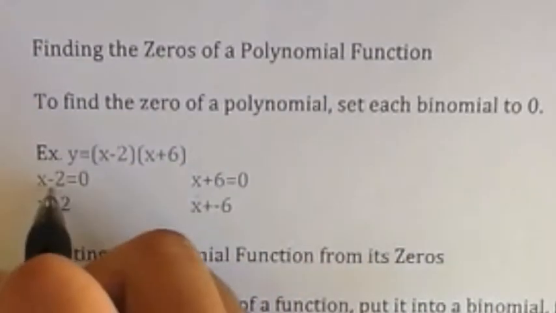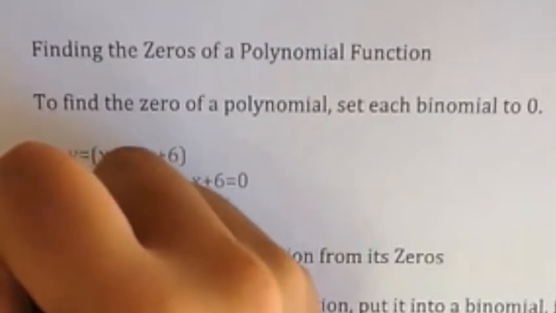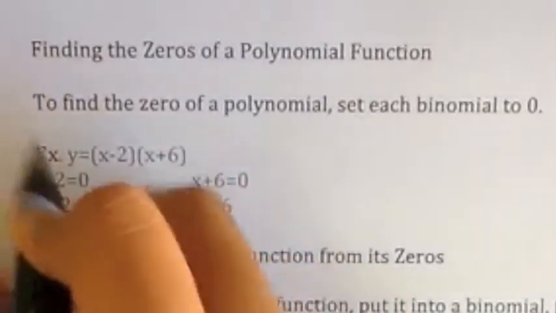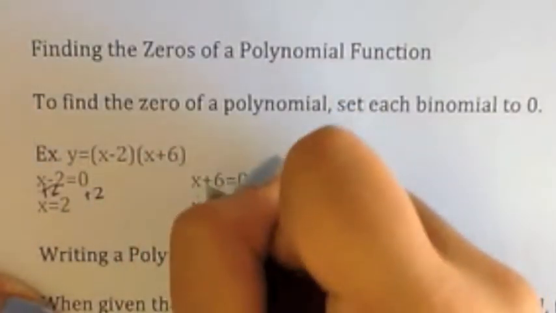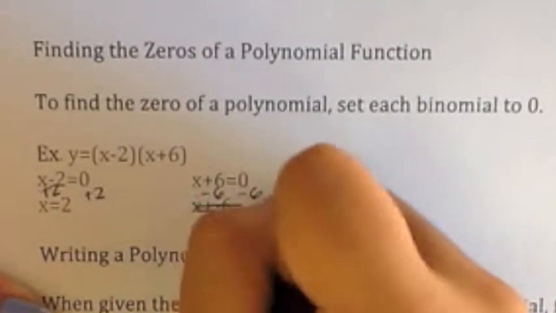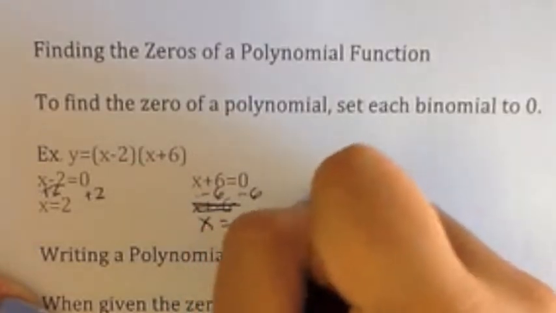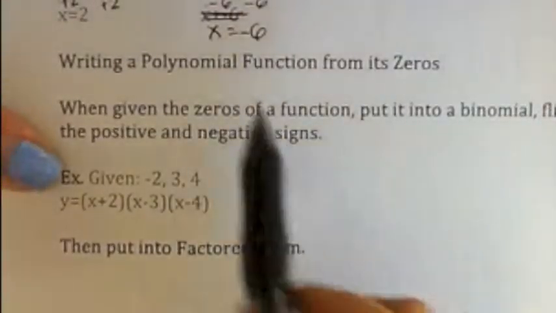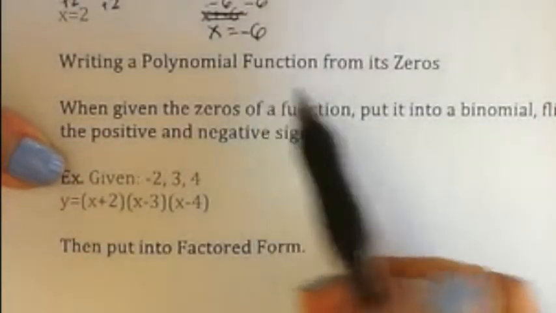So you would do plus 2, and then you do it to the other side as well. So x equals 2, and then for this one you would minus 6, minus 6. So x equals negative 6.